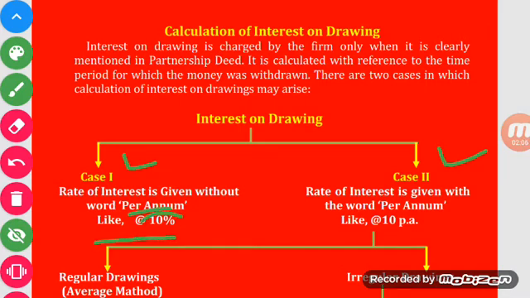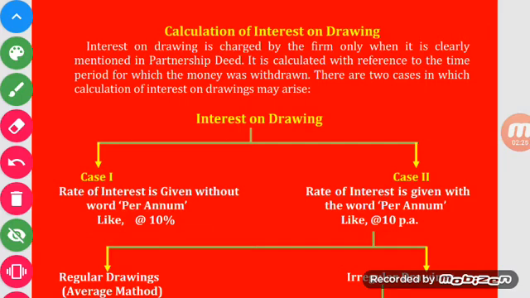Here only 10% is given, not 10% per annum. Is it clear? So the interest rate is given without the words per annum. Understand? That is case first.